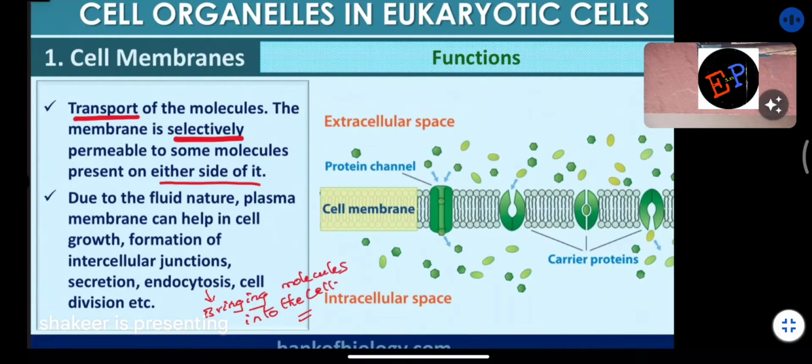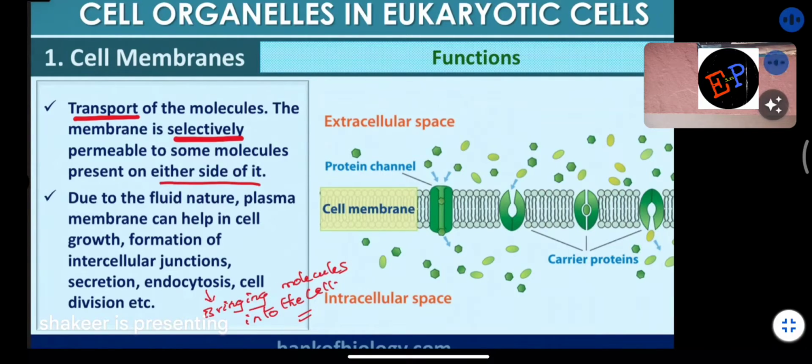What is meant by selective transportation? Selective transportation means this membrane can select what kind of molecules it requires to send out of the cell and into the cell. Every type of molecule, every type of atom, it will not accept. Only those required by the cell are transported, not those that are not required. Are you able to understand?